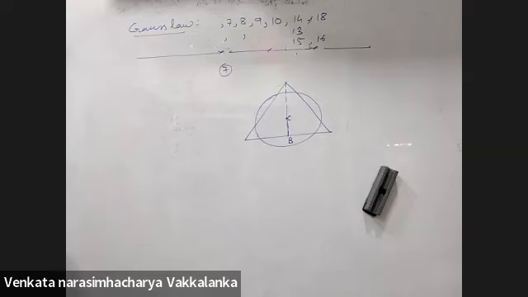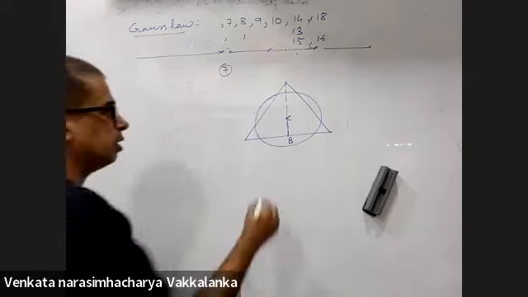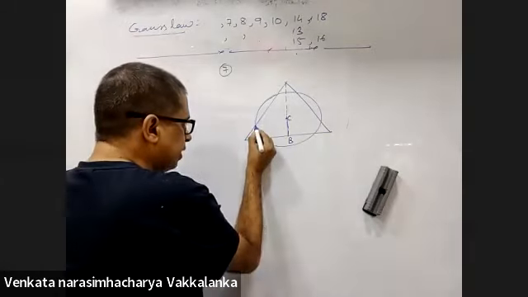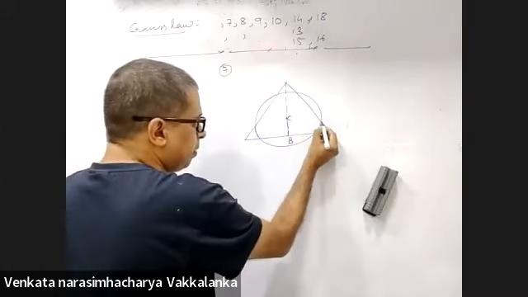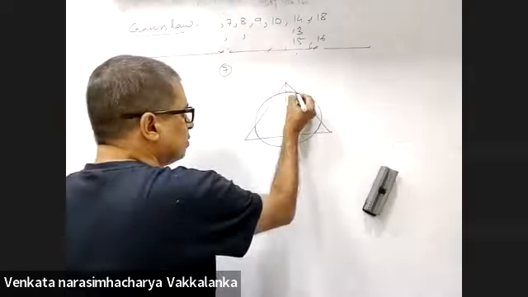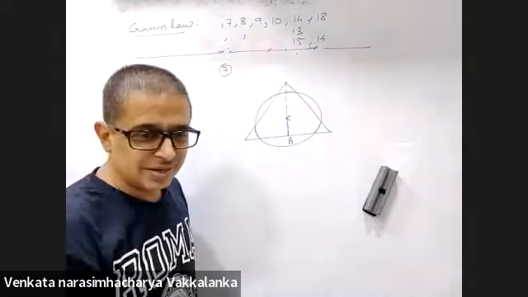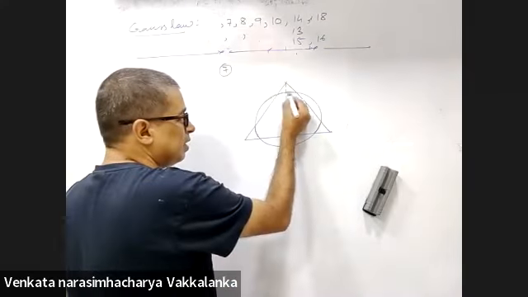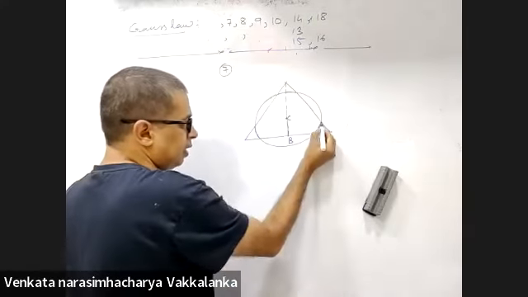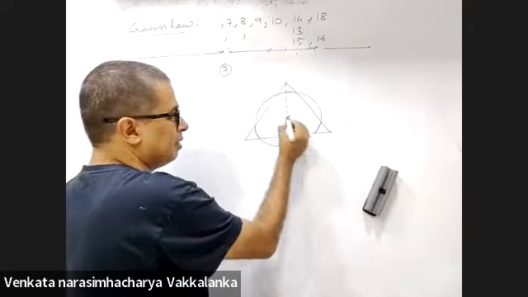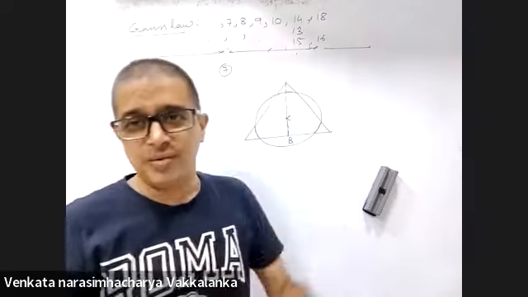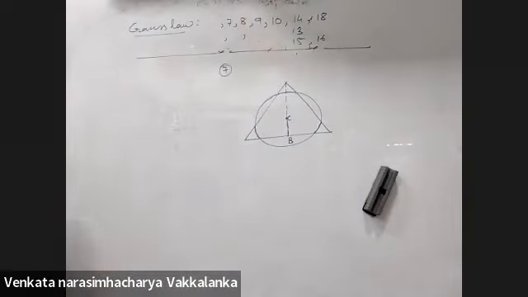Now, what are we actually in search of? Technically, the angle subtended by this part and this part at the center is my requirement. Right? Angle subtended by this part and this part at the center is my requirement. Agreed?